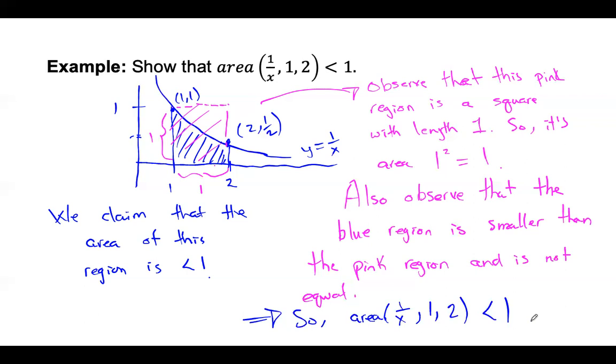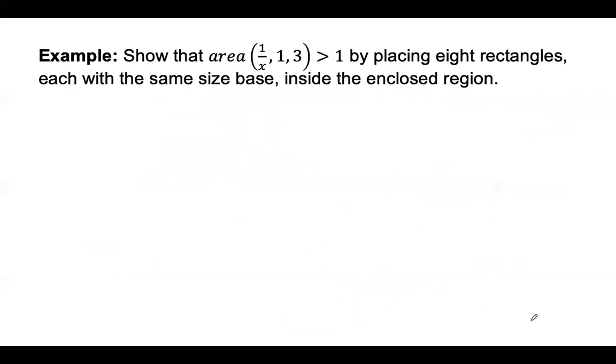Okay. What about this? Show that this area, same function, 1 over x, between 1 to 3 is actually greater than 1. And so this means, let's just draw a little sketch over here.